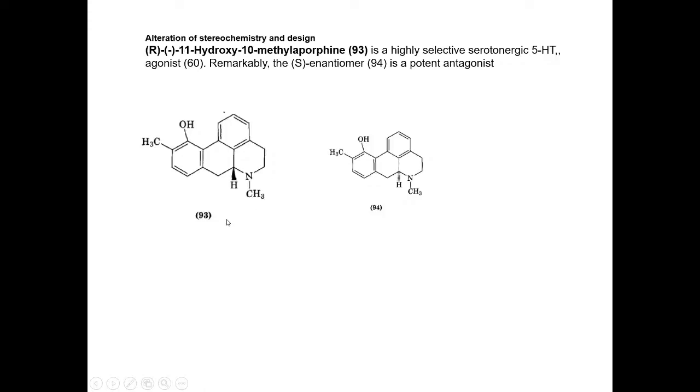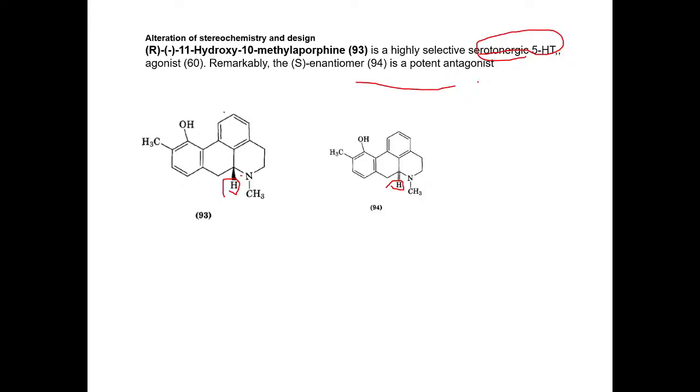If you look at this molecule, the only difference is that the hydrogen in molecule number 94 is going behind the plane, and in 93 it is coming above the plane. 11-hydroxy-10-methyl propane is a highly selective serotonergic 5-hydroxytryptamine agonist, whereas 94 is an antagonist.